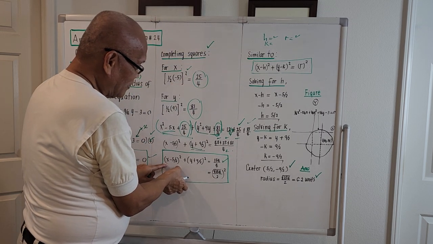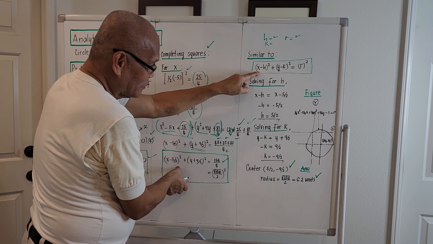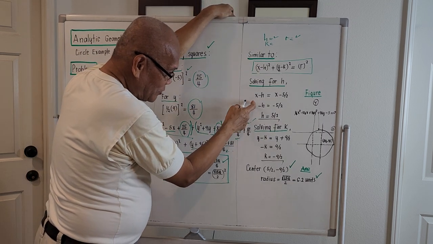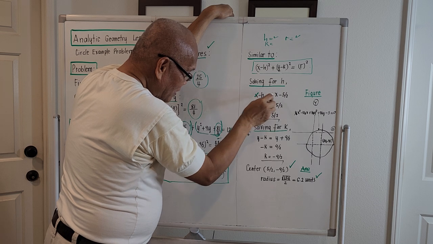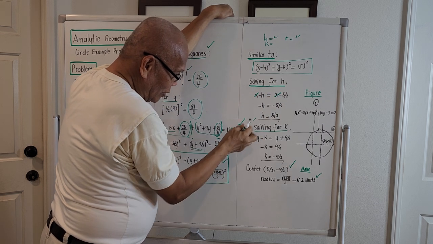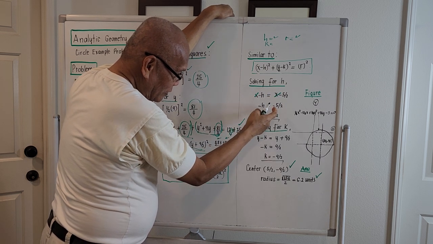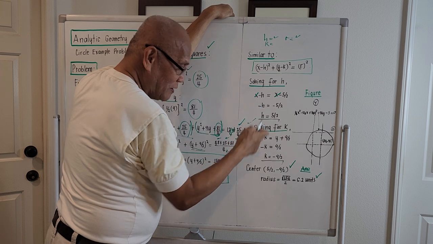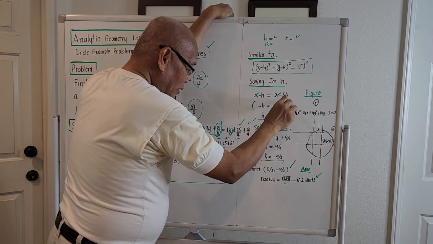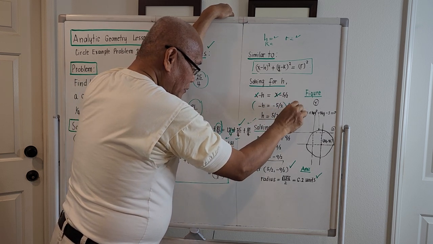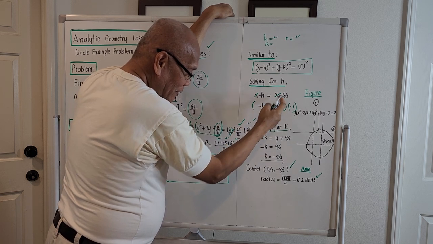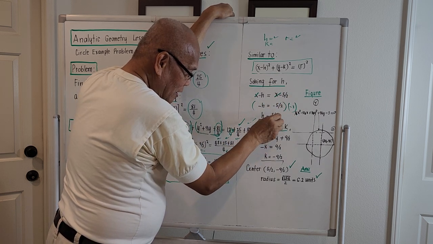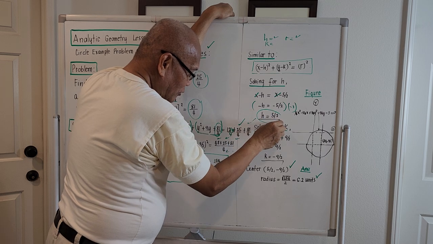So I equated x minus h to x minus 5 halves. Actually, this x here cancels with this. What will come out will be negative h equal to negative 5 halves. Negative, negative. We'll multiply this by negative 1. Negative, negative will now be positive. This negative 5 halves times negative 1 will be 5 halves. So the unknown value of h is actually 5 halves.